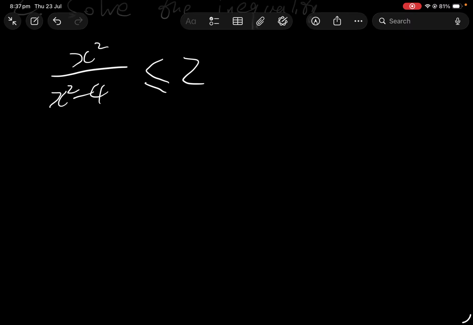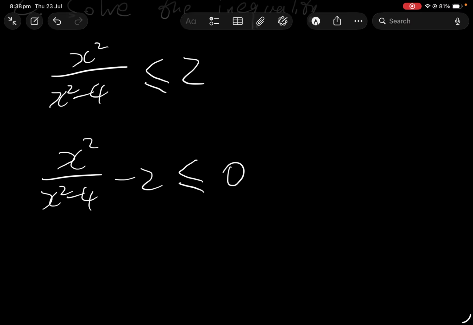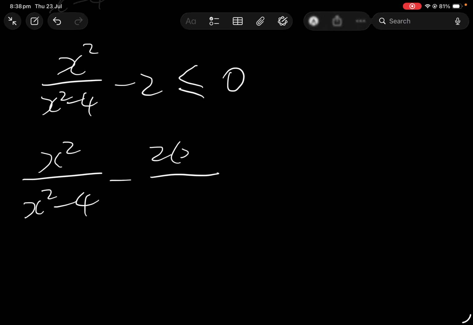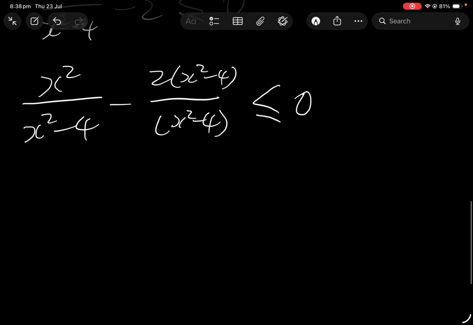So I just have to -2 on each side. So basically I'll just do 2 over x squared take 4 and then -2 is smaller or equal to 0 because I'm -2 on both sides. And then I can make the 2 have the same denominator, so I can put them together. So that's just 2 over x squared take 4, minus 2 x squared take 4 over x squared take 4.